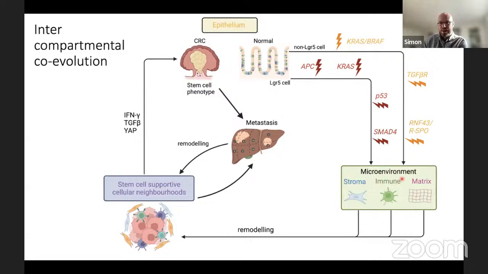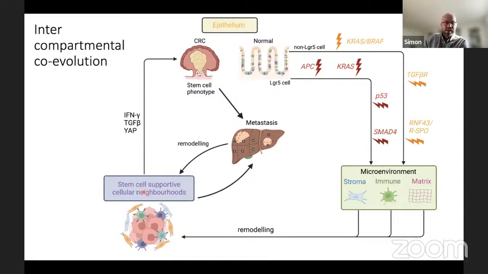So we're now trying to measure what each different epithelial mutation does to the microenvironment, but essentially the accumulation of epithelial mutation remodels the stromal, immune and matrix microenvironment to suit the mutation that you've got. So mutant epithelial cells build a microenvironment that suits them.